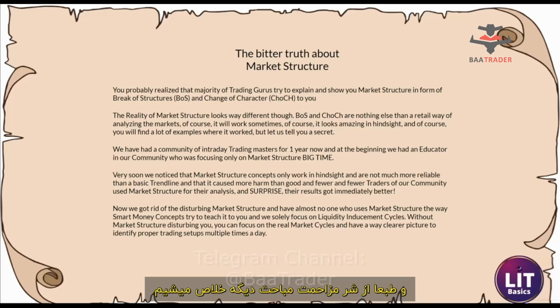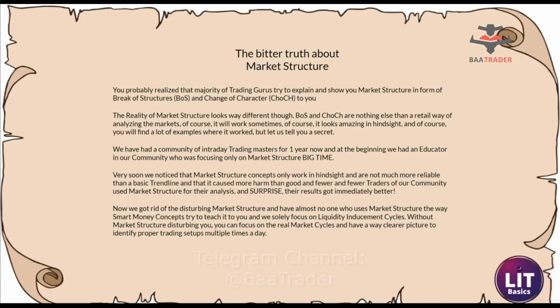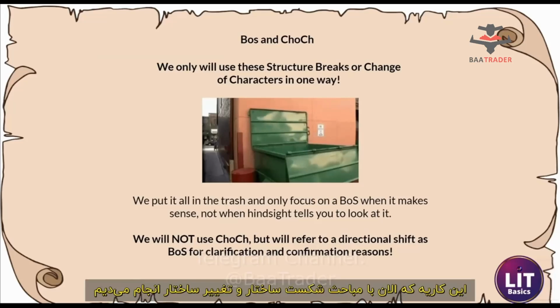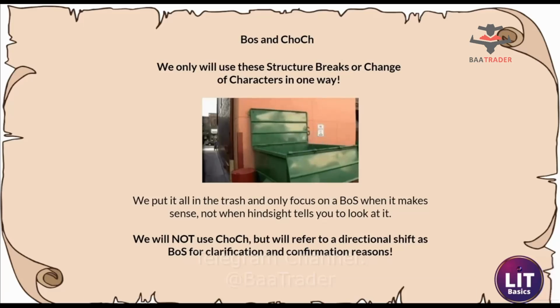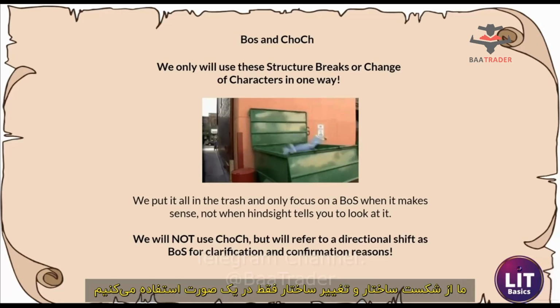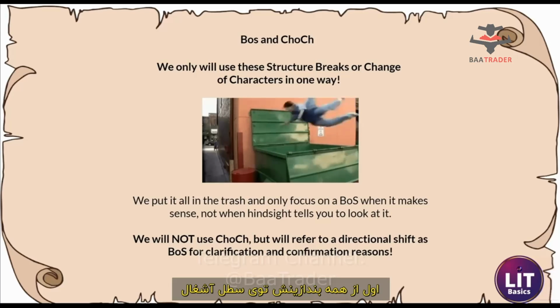Of course, we get rid of the disturbance of this other stuff and bring clarity with the liquidity and the cycles. Okay, if you go to the next slide: what we do with breaks of structure and CHoCHs, for now we only will use them in one way. First of all, you throw CHoCHs in the trash.